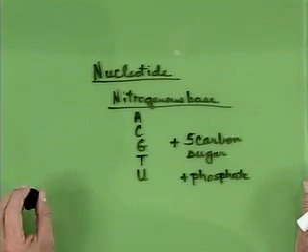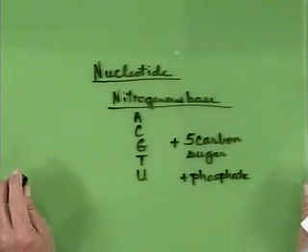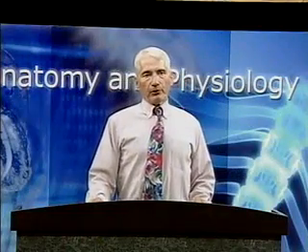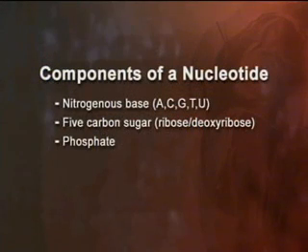And so nucleotides are the building blocks or subunits that, when polymerized, form the nucleic acids that we call DNA and RNA. Now, let's take a look at a more formal graphic than the primitive one that I produced here, and we'll summarize those components up on the screen. The nitrogenous bases, again, are adenine, cytosine, guanine, thymine, and uracil. Now, the two nucleic acids only use 4 of those each, so there's 5 up there, but we'll talk in just a minute about the difference. 4 of those are used in DNA, and 4 of them are used in RNA.